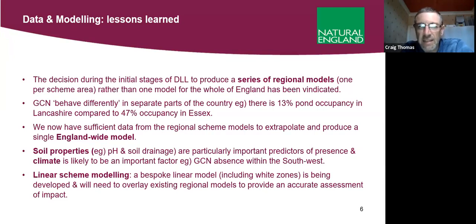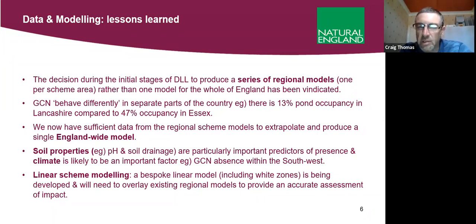The key variables that we think are in play here are soil type and climate. The climate, as you go north, is not as suitable for the species, and the occupancy levels decline. And as a consequence, trying to define and develop a single national model will have proved impossible.